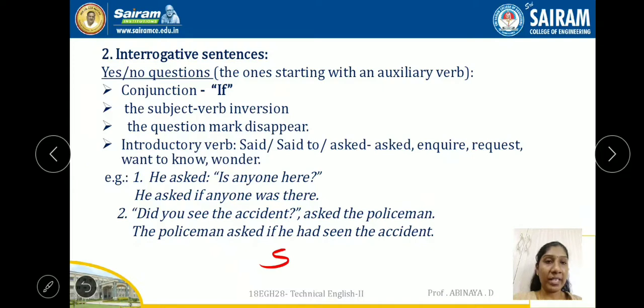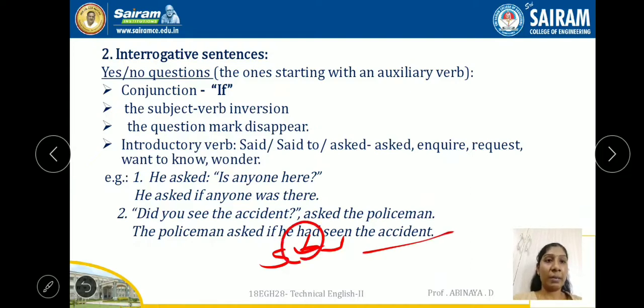If the past perfect "had" comes in the sentence, obviously the next word will be the past participle. We already saw in passive voice that wherever "have", "has" and "had" come, the next verb will be the past participle only. So "see" comes here as "seen" because we have put "had" here. So, he had seen the accident.